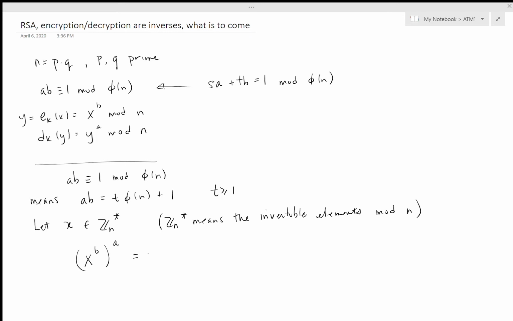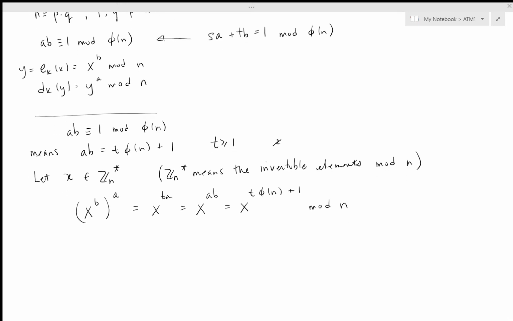This looks like x to the ba, which is x to the ab. And ab is this guy right here: t times phi of n plus 1 mod n. And that is congruent to x to the phi of n, to the t, times x mod n.